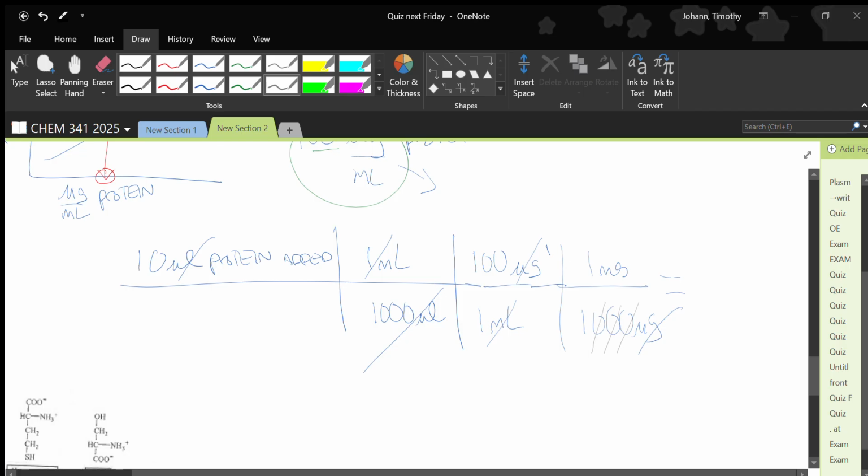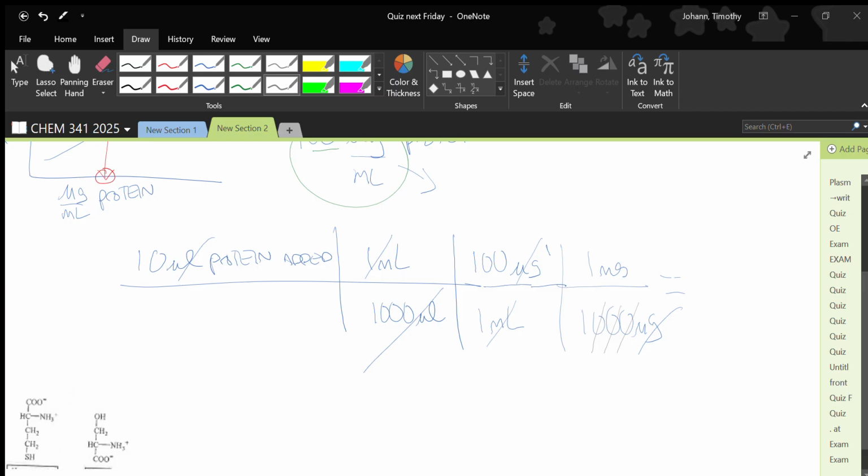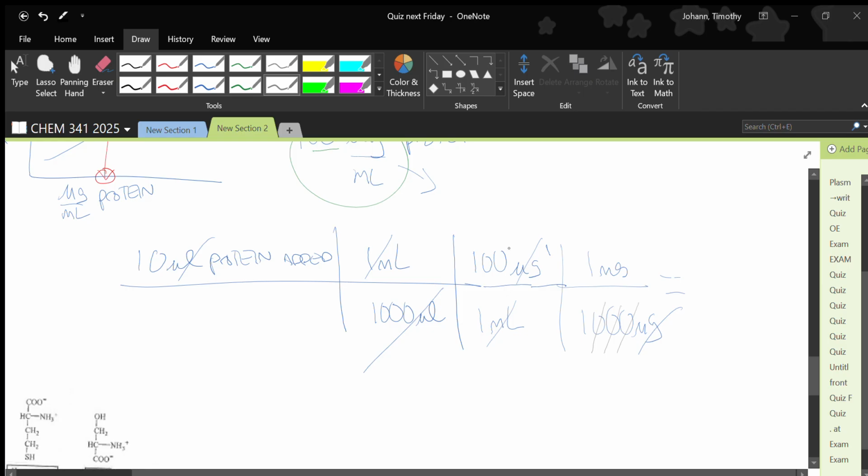This is milligrams total protein. It's all the protein, because that's all you measured with the assay. You didn't measure LDH. So I cross these out, and I end up with 0.001 milligrams of protein.